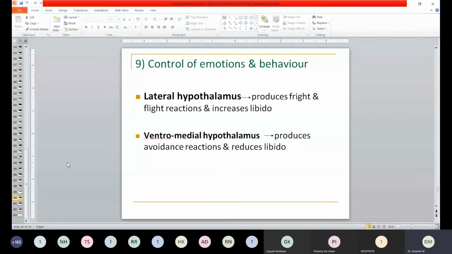So these are the two areas of the hypothalamus involved in controlling emotions and behavior. Lateral produces fright and flight reactions, increasing libido. Ventromedial produces avoidance reactions and reduces libido.